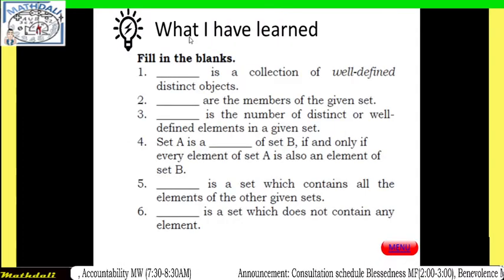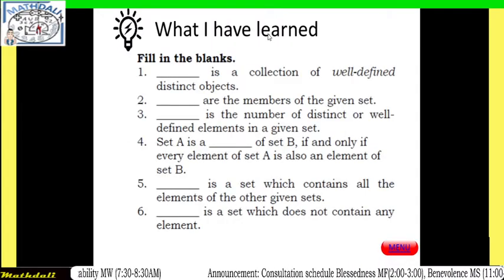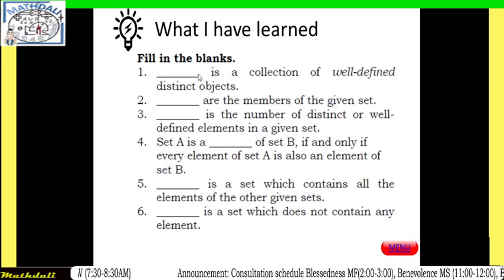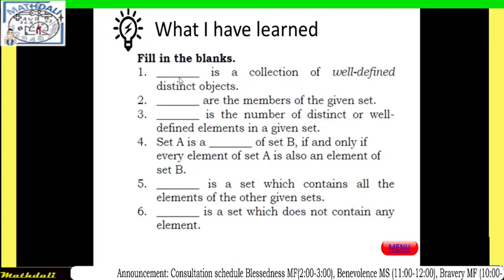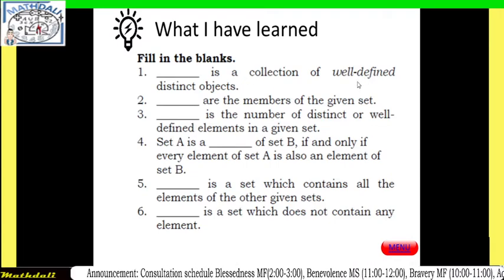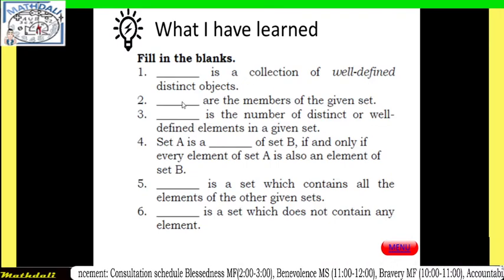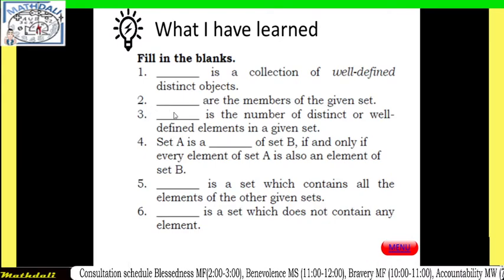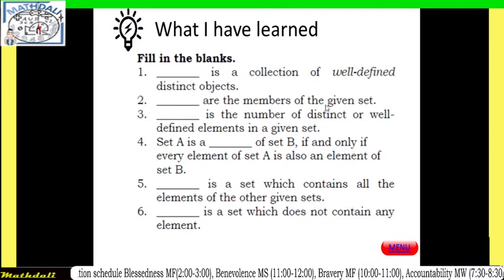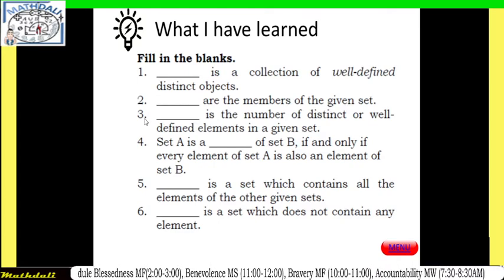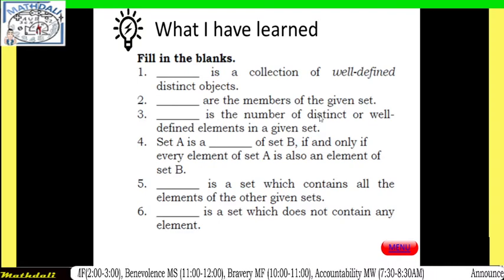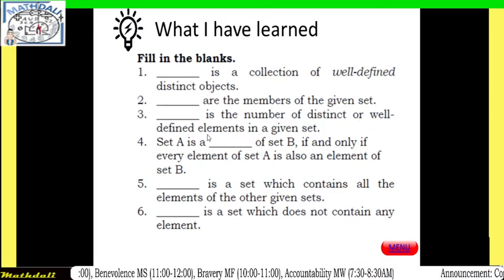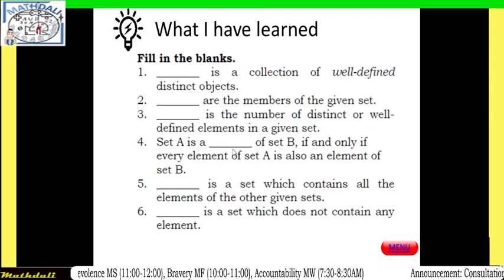This is our What I Have Learned. You're going to write your answer in the blanks. Fill in the blanks only. Number 1. Blank is a collection of a well-defined distinct object. Number 2, blank are the members of the given set. Number 3, blank is the number of distinct or well-defined elements in the given set.